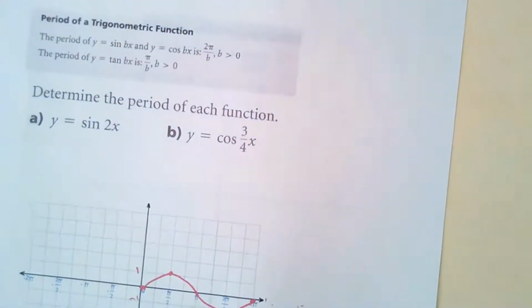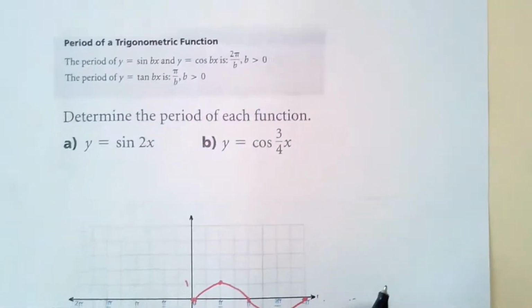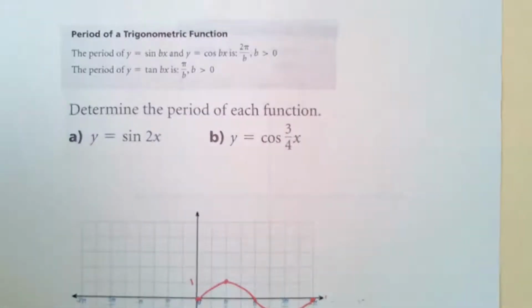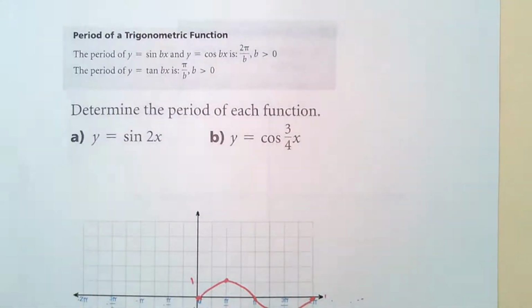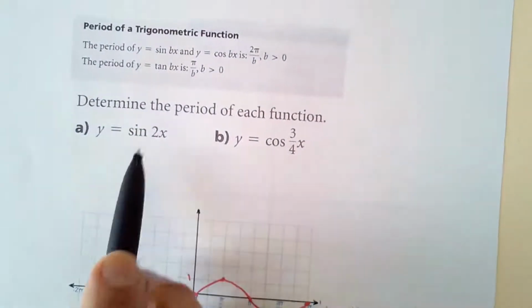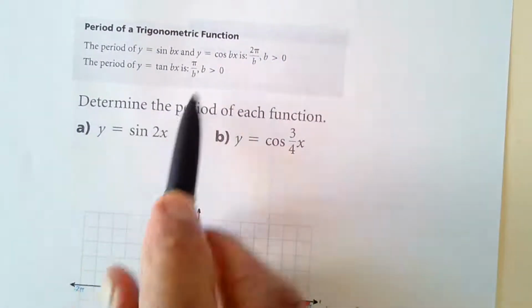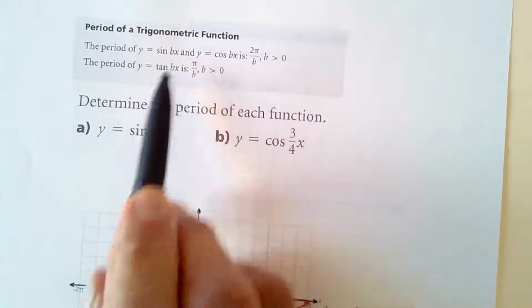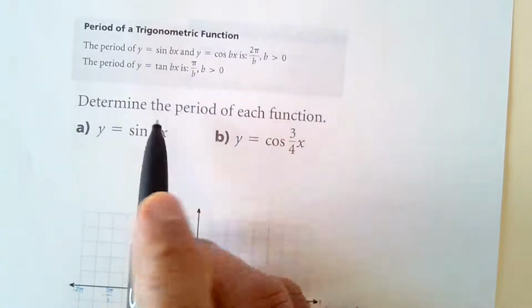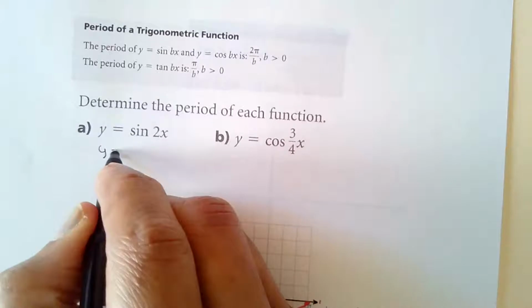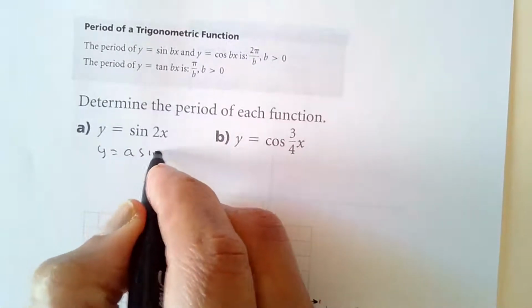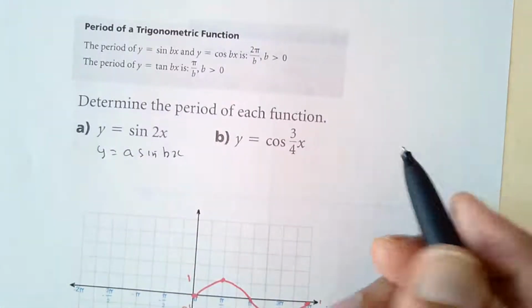So let's look at an example from your textbook. So here in your textbook, we have determine the period of each function. We can say the period here is 2 pi over b. This is your b. So y is equal to a sine b of x.